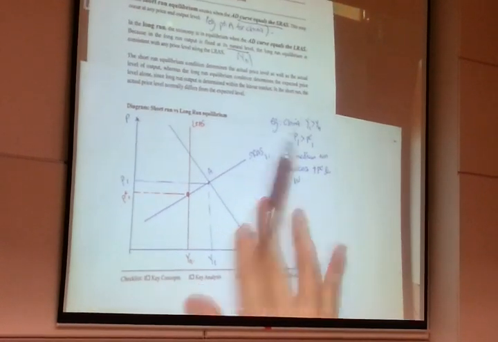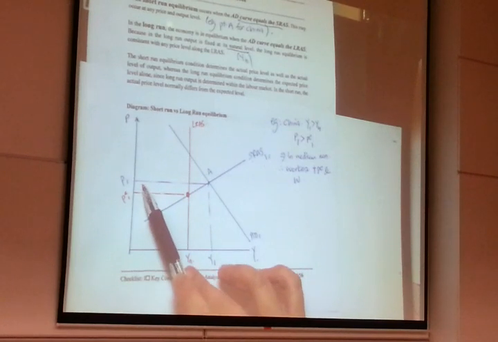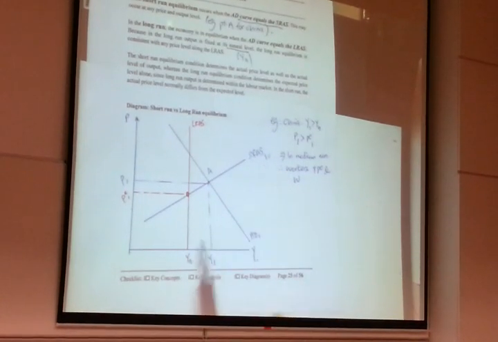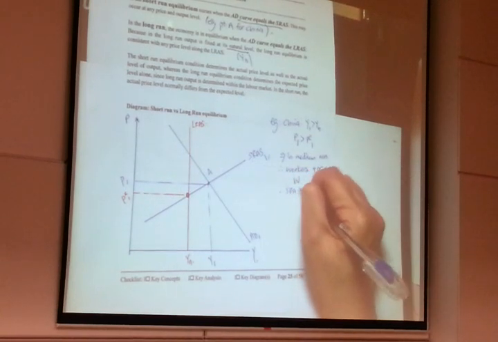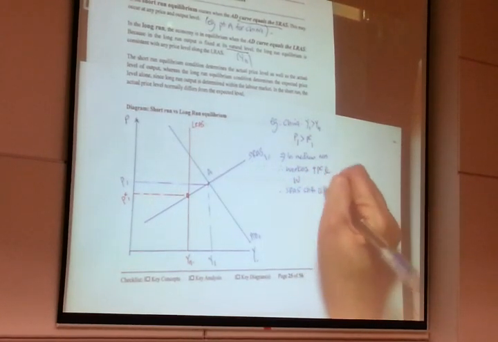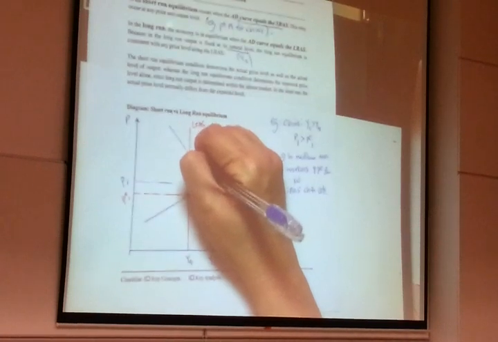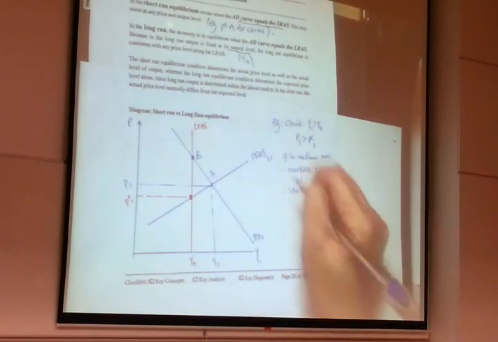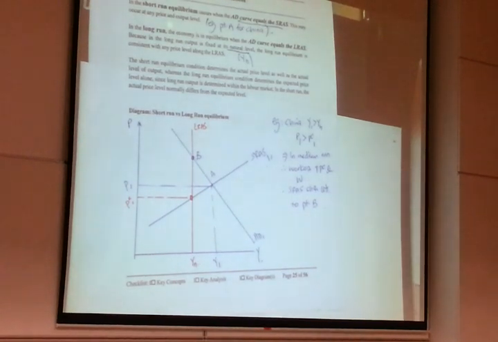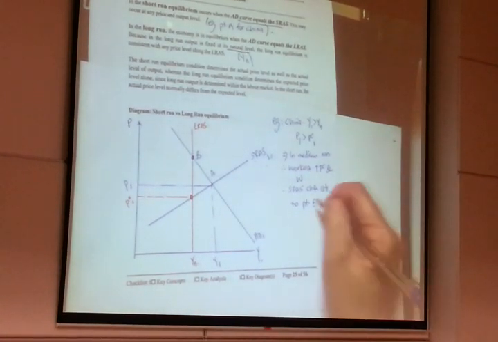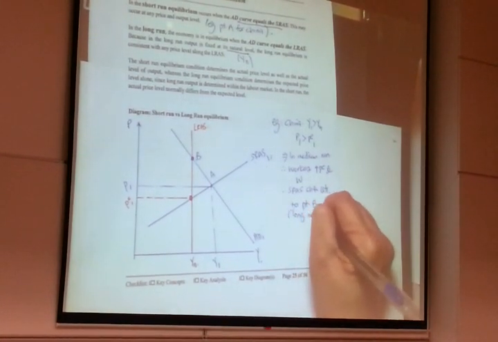So PE and wages will both go up, and we know the SRAS eventually will shift left, and it will reach point B. Then only at point B are you at long run equilibrium.